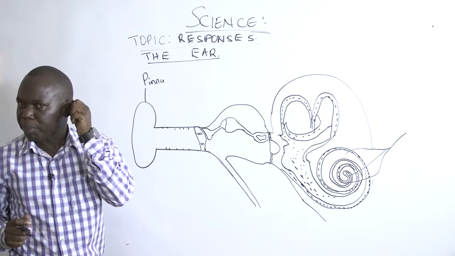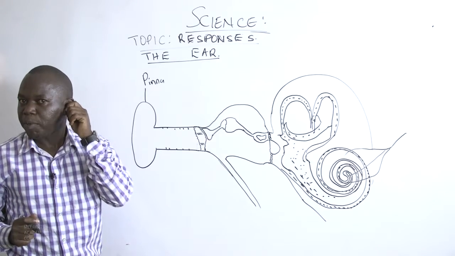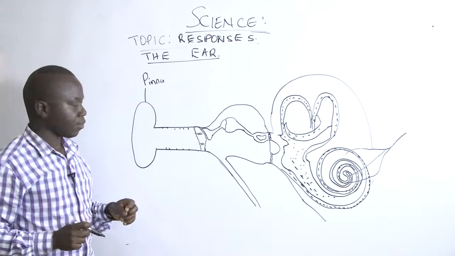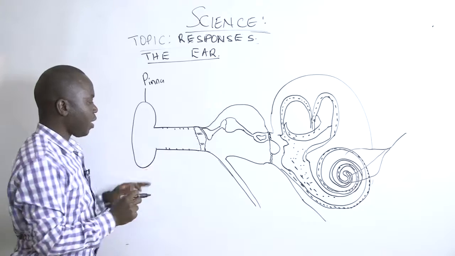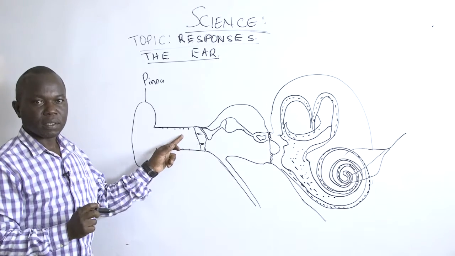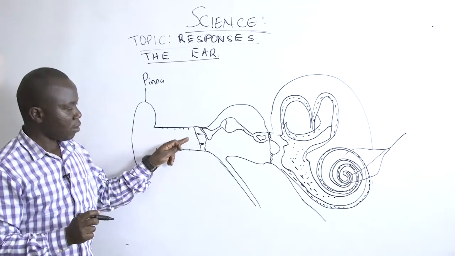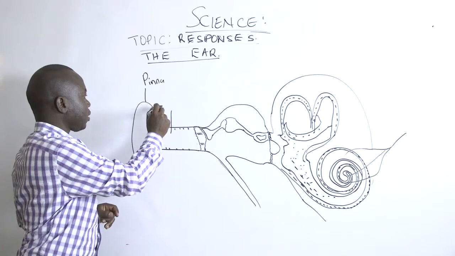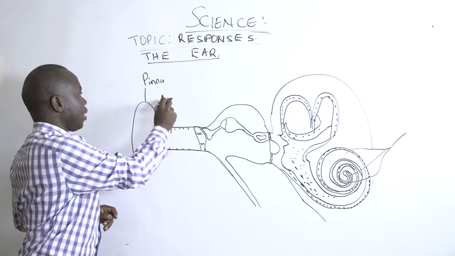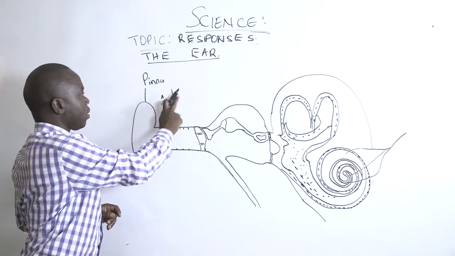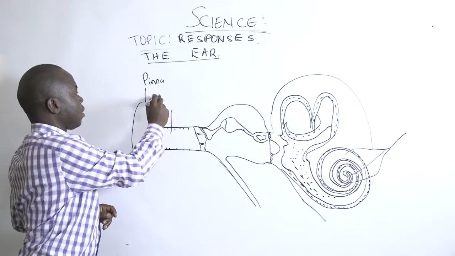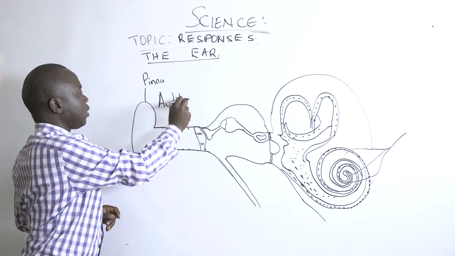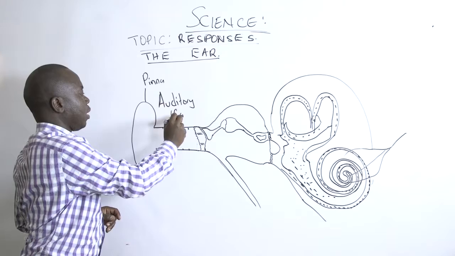That flappy structure that's made up of cartilage is called the pinna. And then we have an air-filled structure here. We call this part the auditory canal.